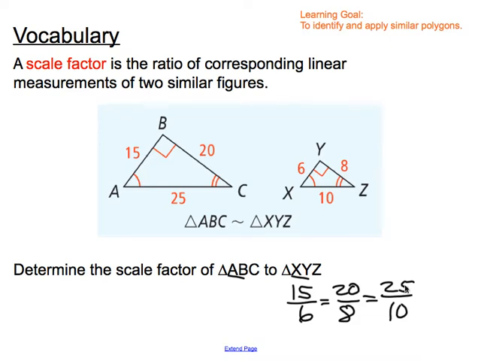Reducing any of these will give us the scale factor, so I'll reduce this one by a factor of 5. And I'll reduce this one by a factor of 5, and we can see that the scale factor of triangle ABC to triangle XYZ is 5 to 2.